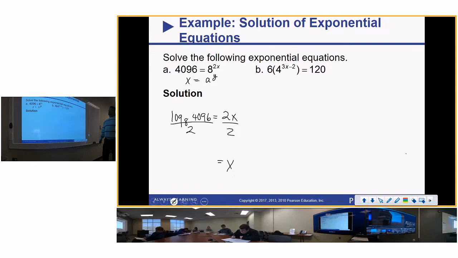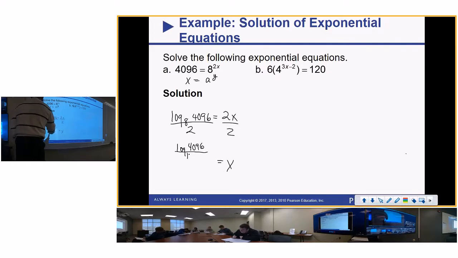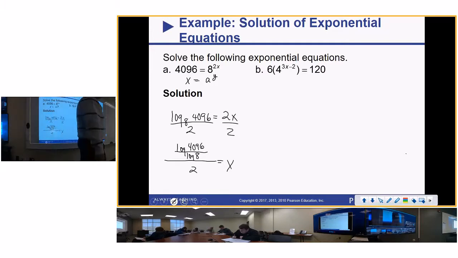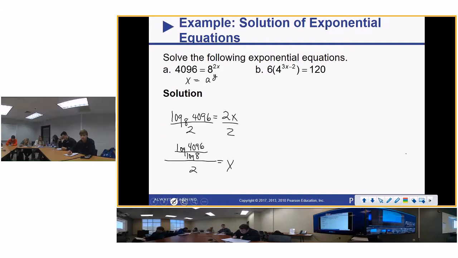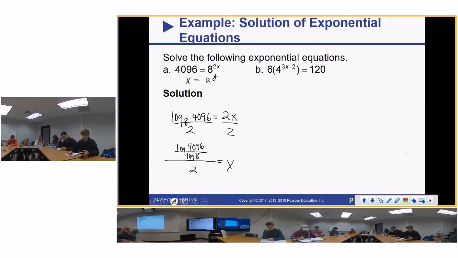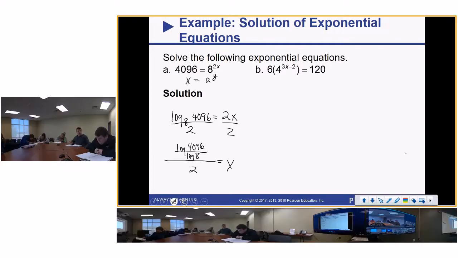Here we go. So, log of 4096 divided by log 8, divided by 2. Somebody crank that out. 1.806. Well, let's see if you are correct.